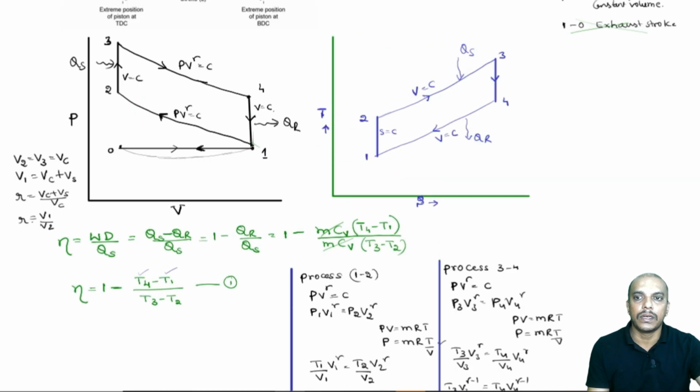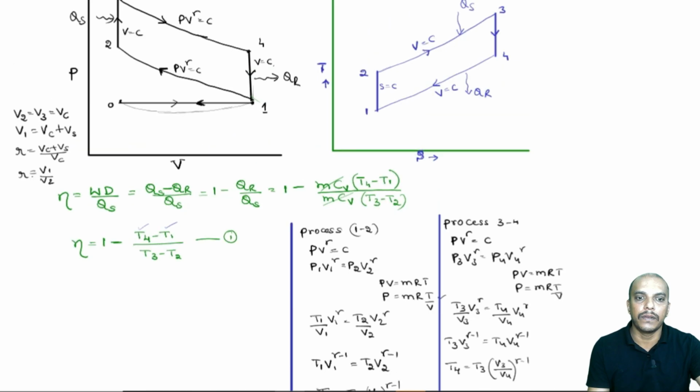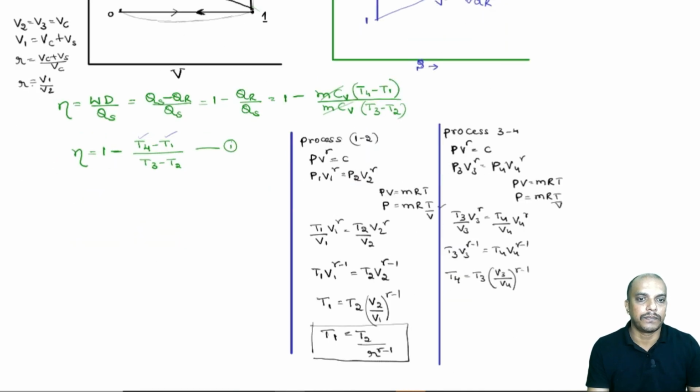V3 is equal to V2, the clearance volume, and V4 is equal to V1, the total volume.